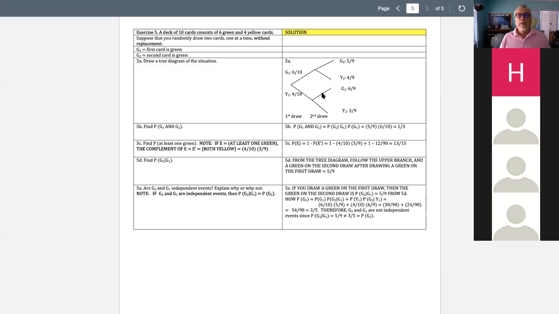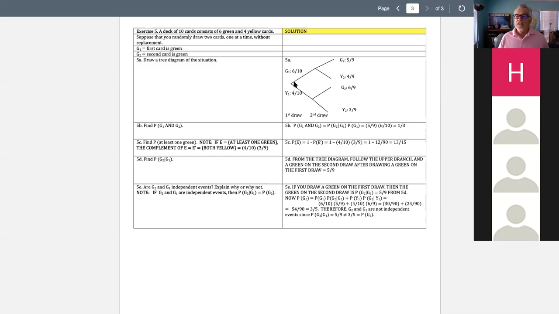So if we go along the top branch of the tree, we don't replace the green card that we drew. And now we have probability 5/9, as I mentioned, of drawing the green card on the second draw, and a probability of 4/9.